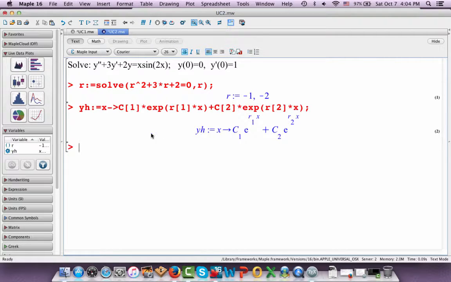So now we move on to our particular solution, y sub p. And remember, what do we have here? We have a product of two functions, x and a sine of 2x. As we saw in the complicated example at the end of the notes, in this case it's a linear function times a trig function.